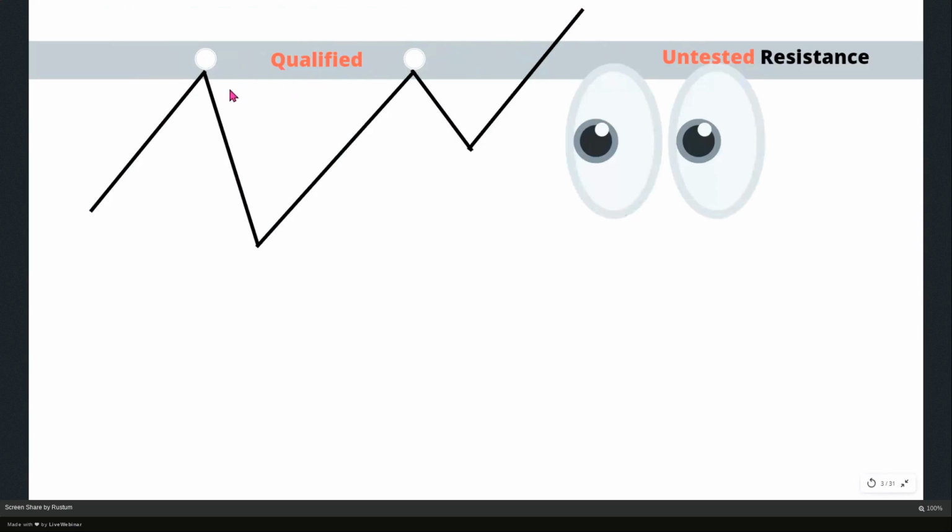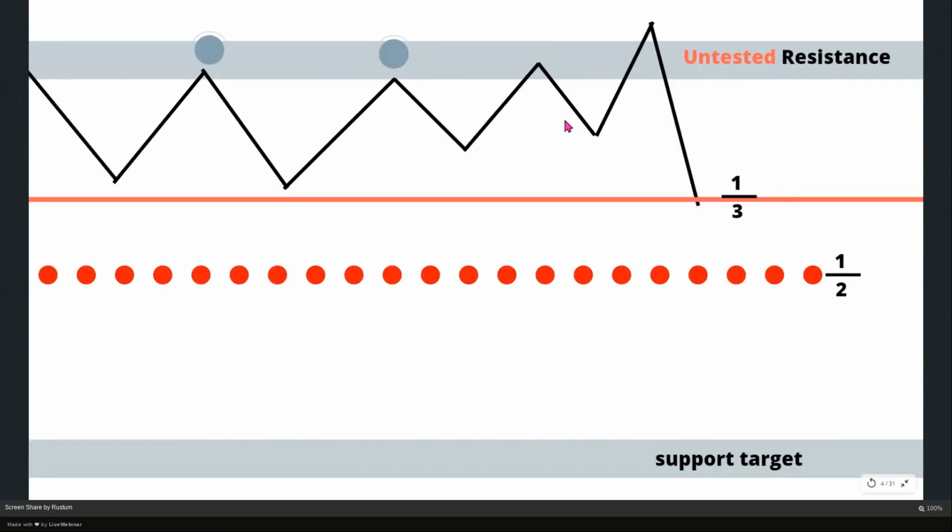So a qualified level is when you see at least 2 touches to the left. Even when there is a trend line, you want at least 2 touches before it becomes qualified. And untested: for me, an untested level is, say for instance, you find your M pattern and your manipulation pattern. You've identified this as a qualified level because you saw 2 touches to the left.